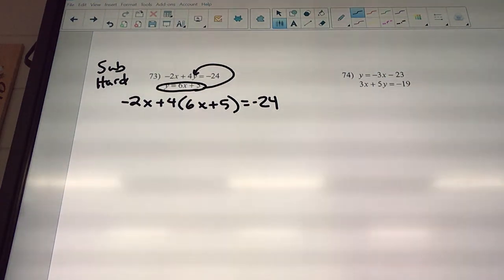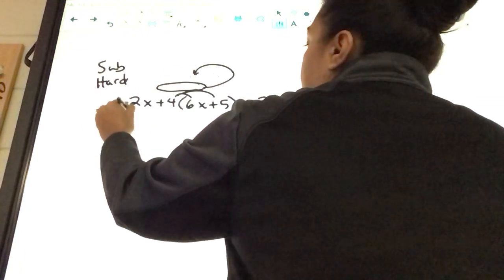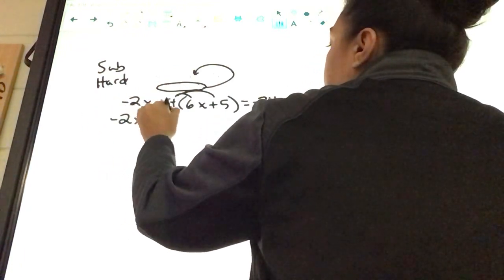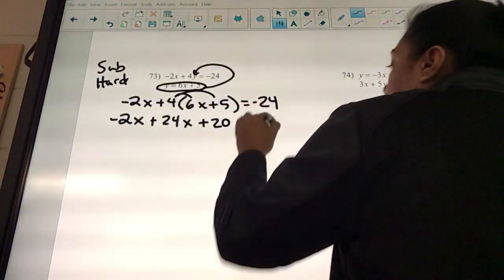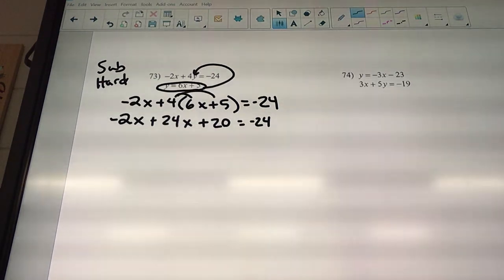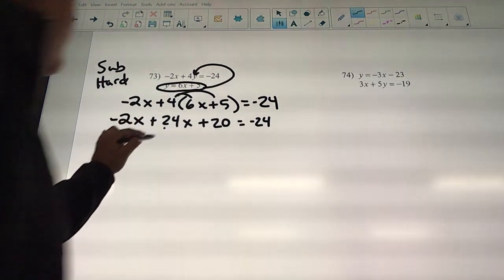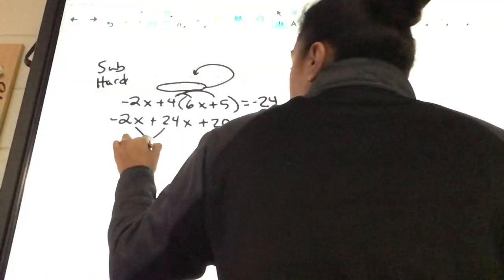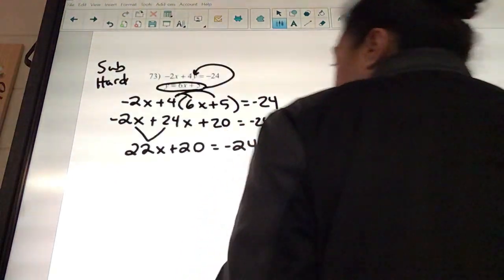Again, we're going to distribute. So I got negative 2x plus 24x plus 20 equals negative 24. I can combine these two x's, so it's going to be 22x plus 20 equals negative 24.